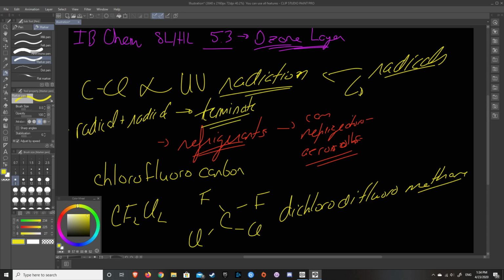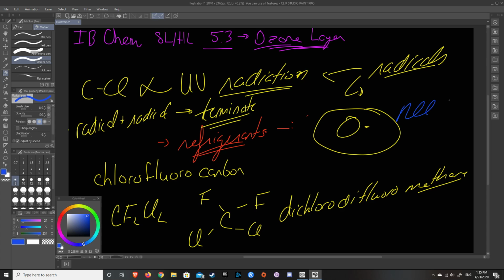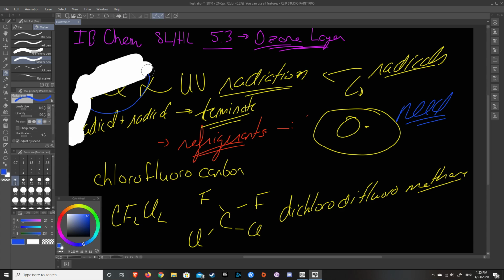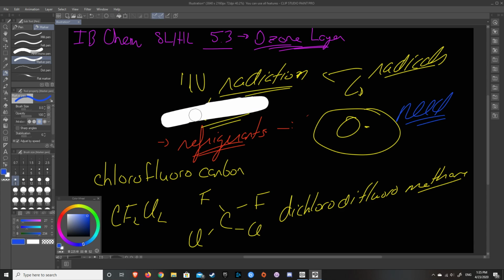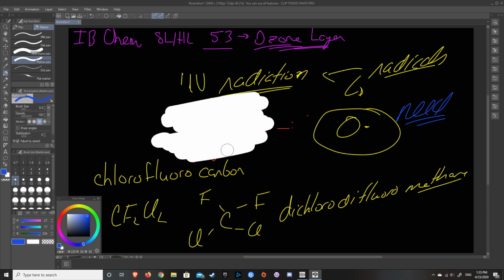In our atmosphere, we've got all these O radicals, and we need these. These are crucial. We don't need these chlorine radicals. We have no use for them in the atmosphere, because what we need is ozone and oxygen. Anything else we put in there is going to affect the natural process that has been protecting our Earth for thousands, millions of years.